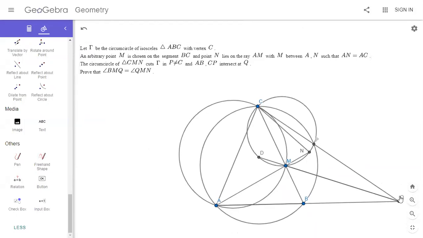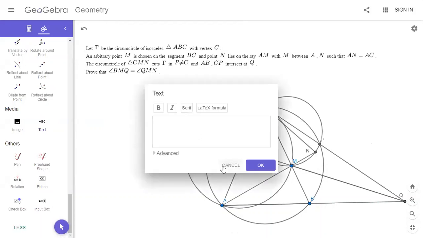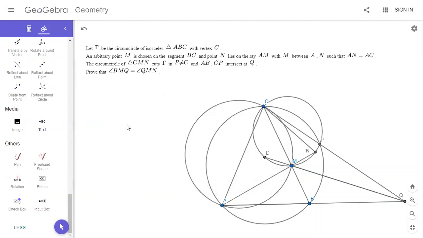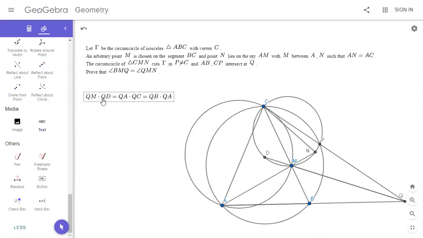So, whoops. Just trying to make room. So we have Q. I called it D. All right, so that's by power of a point.